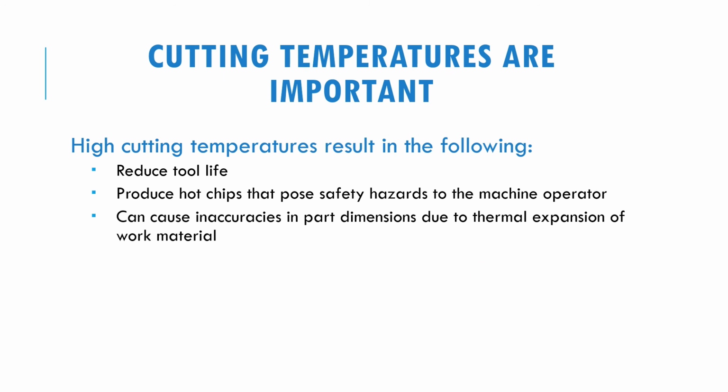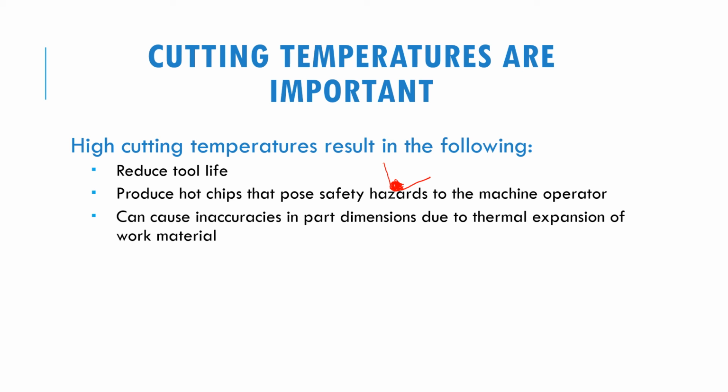So what are the implications of the cutting temperature for the machining process? If the temperature is too high, it will reduce the tool life. Why? If the material of the cutting tool is metal, the heat can soften the area over here, so it will cause the tool to break, or make this part become softer.